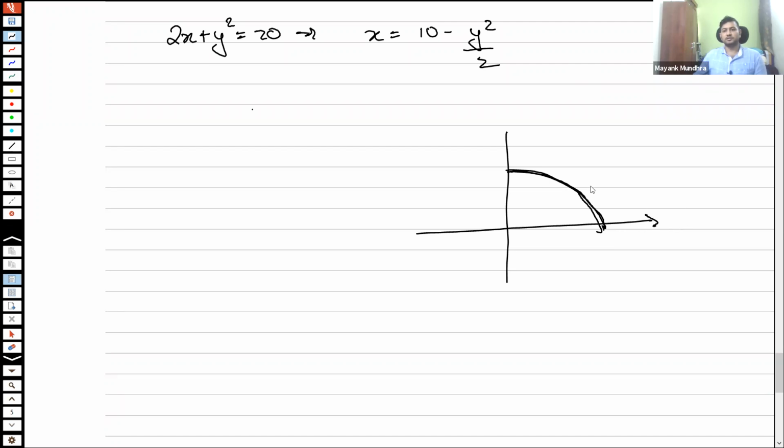This is y and this is x. Right, x equals y square, x equals minus y square.